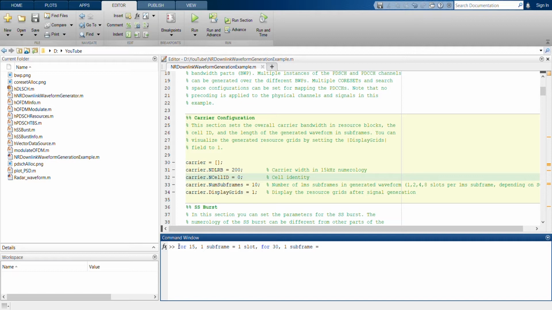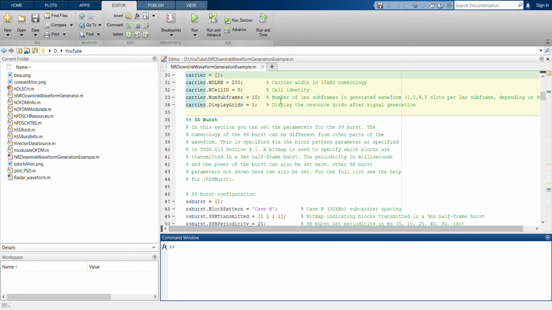That means the number of slots is double, that is, two slots. And for 60, you should guess by now, one subframe corresponds to 4 slots. This is important terminology that you need.